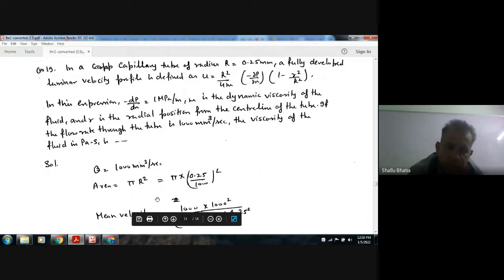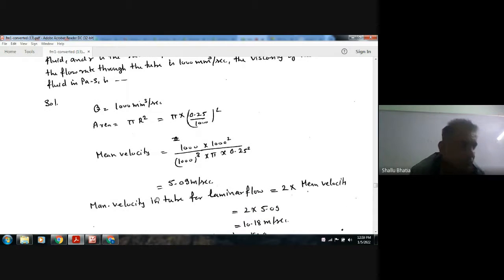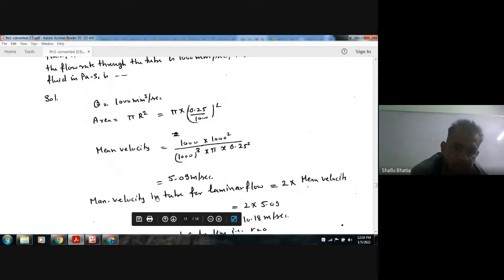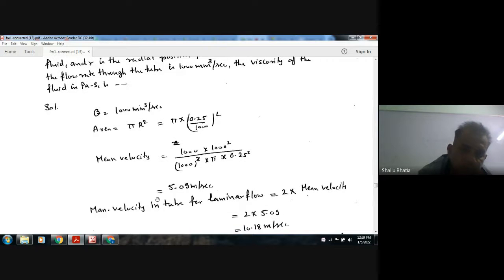The mean velocity is Q by A. So this is 5.09.